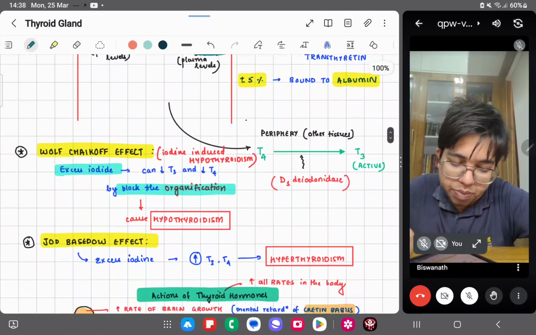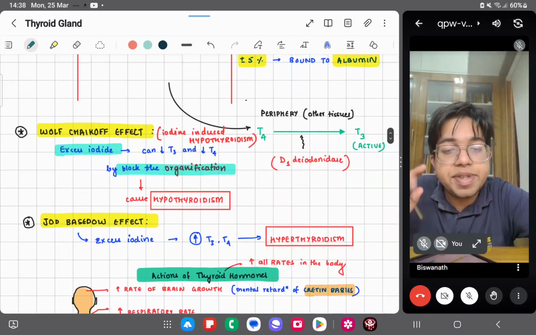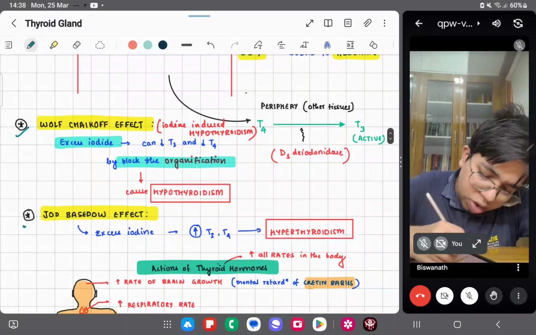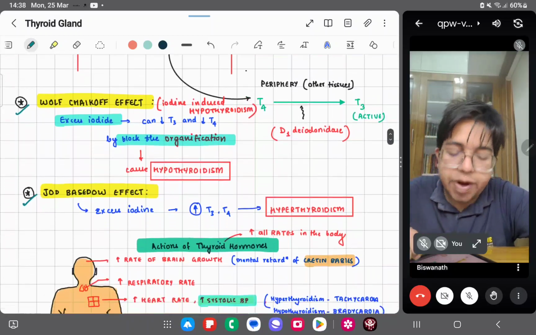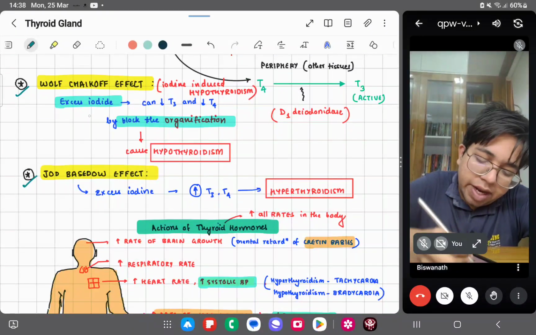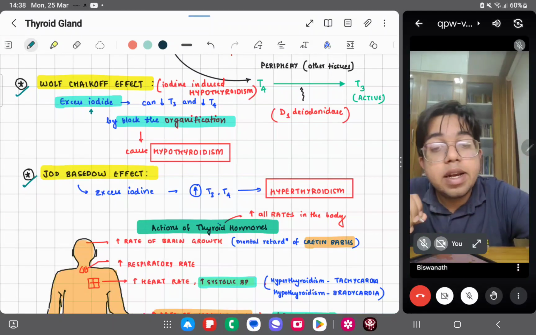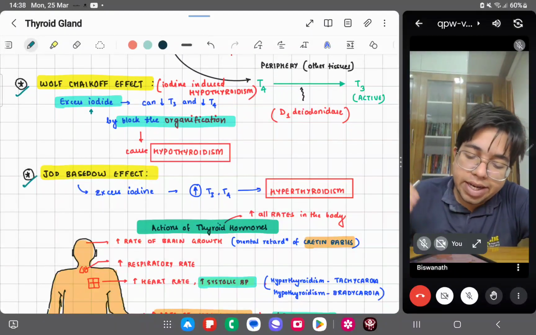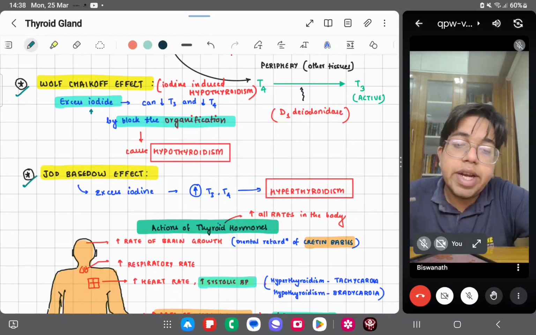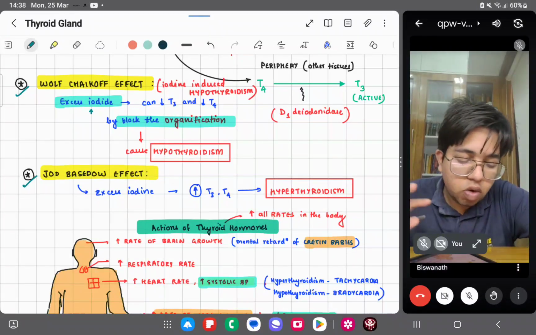There is something called the Wolff-Chaikoff effect and the Jod-Basedow effect. So what is the Wolff-Chaikoff effect? If there is excess intake of iodine, there will be decreased synthesis of T3 and T4. Iodine induced hypothyroidism is called the Wolff-Chaikoff effect.